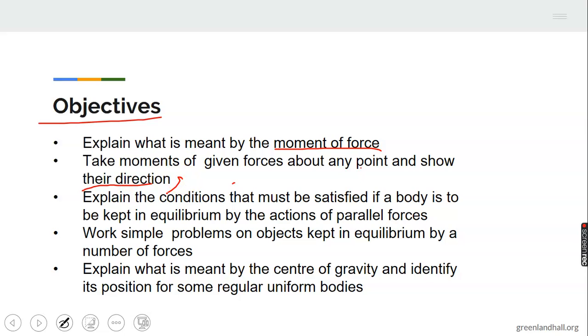Explain the condition that must be satisfied if a body is to be kept in equilibrium by the action of parallel forces. Work simple problems on objects kept in equilibrium by a number of forces. Explain what is meant by the center of gravity and identify its position for some regular uniform body.